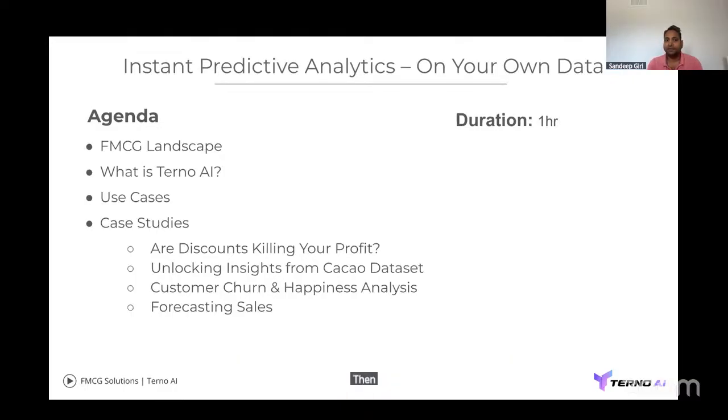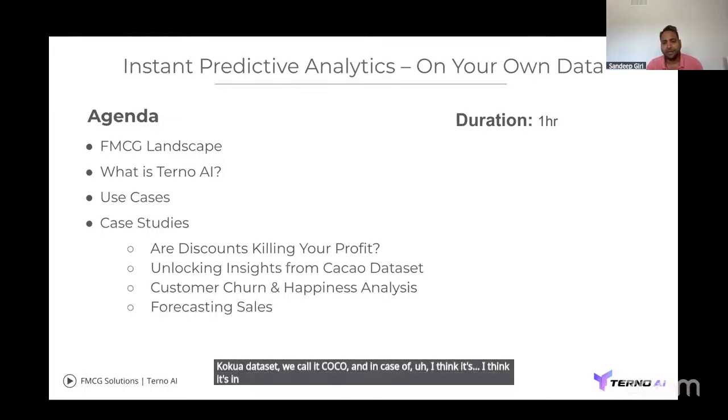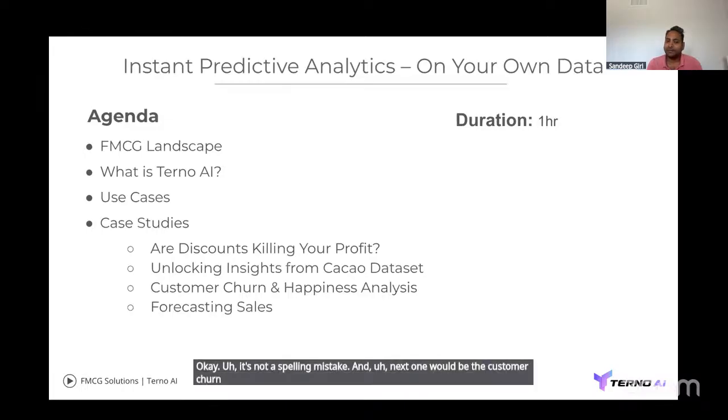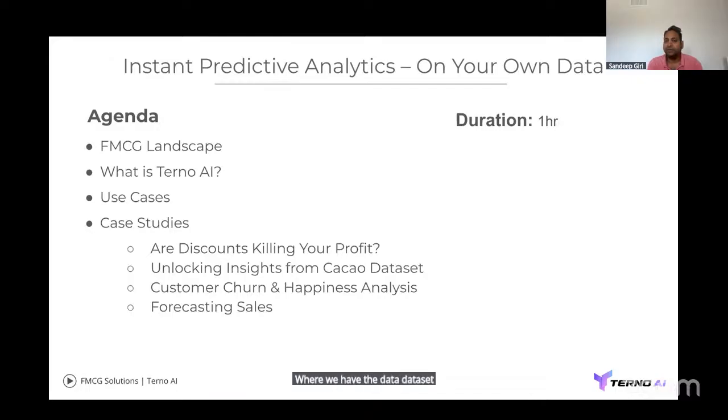The second case study is unlocking insights from the Cocoa data set. We call it Coco. I think in Spanish it's cacao. It's not a spelling mistake. The next one is customer churn and happiness analysis, where we have the data set and go through past customer behavior.